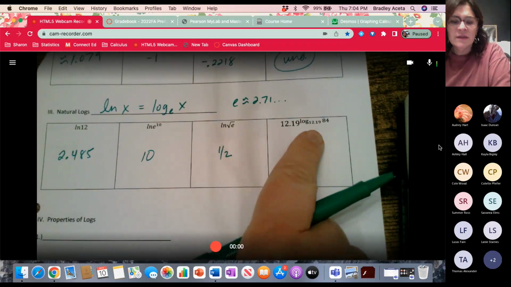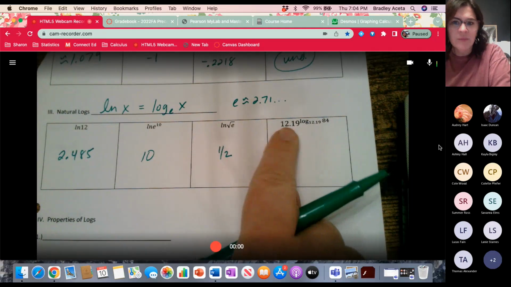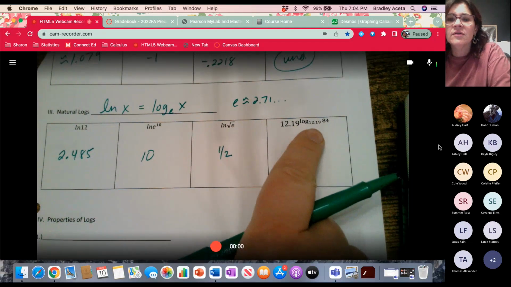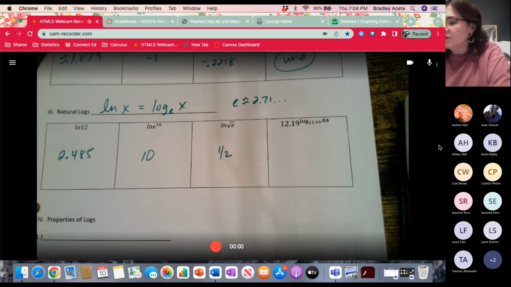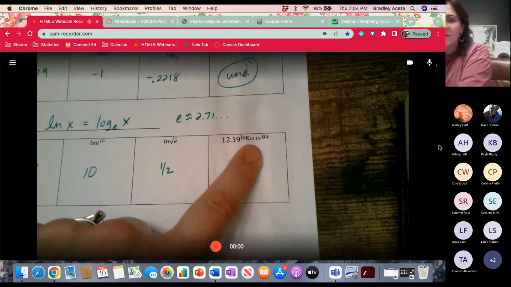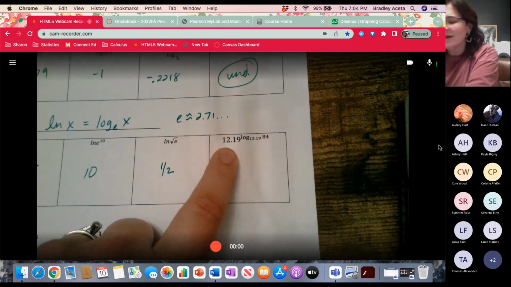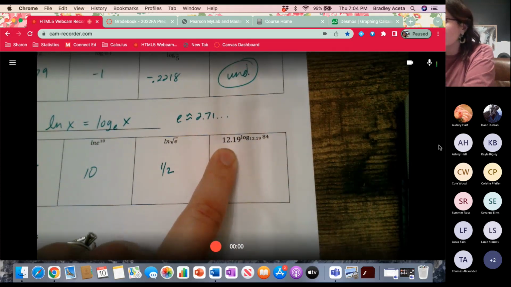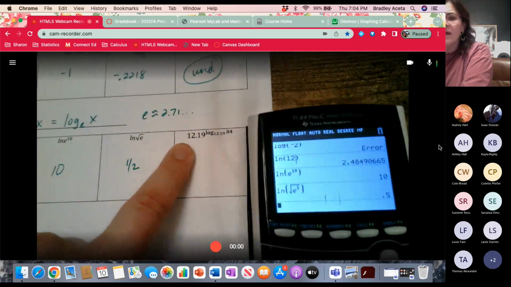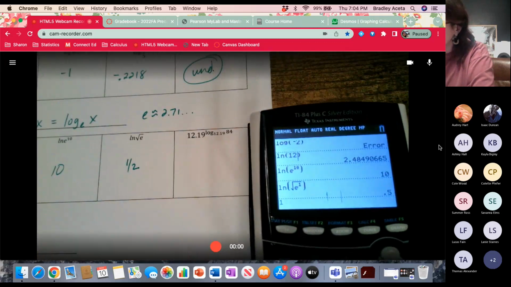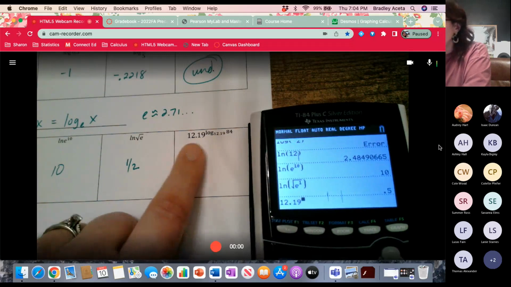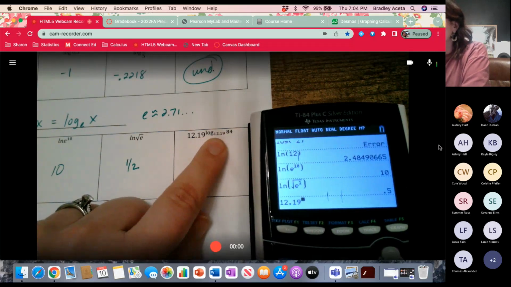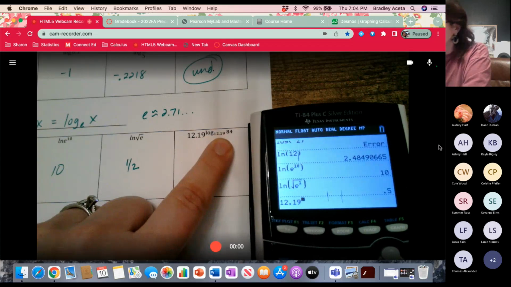Now this one doesn't have an ln, but I'm going to show you how to evaluate this in your calculator. I had to write it pretty big, but there's a reason for this, because there are properties that we're going to find out in a minute. This is 12.19 to the power of log base 12.19 of 84.